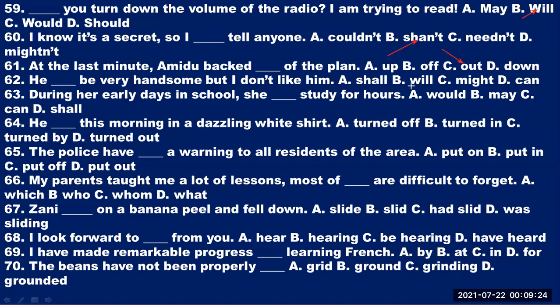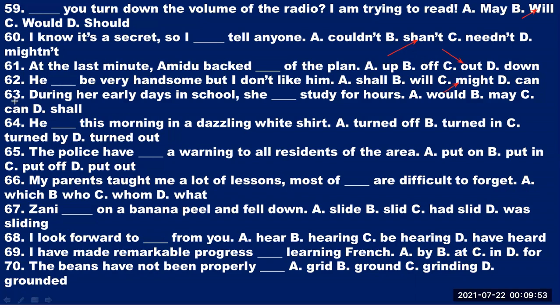But if the person is handsome, it is a present reality. He might be very handsome. This is correct. He might be very handsome, but I don't like him. He can refers to possibility, which cannot collocate with handsome. We are not talking about ability. We are talking about a real situation.